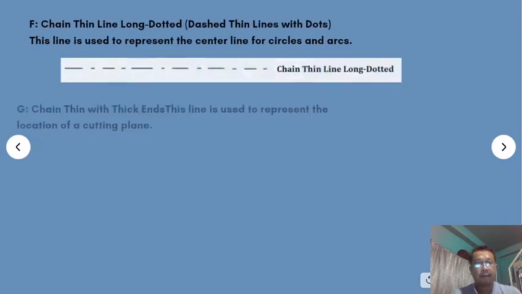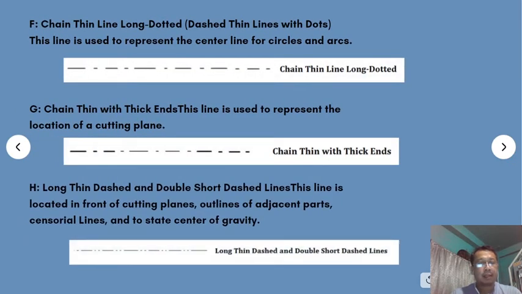And then we have the last three. We have letter F, the dash thin line with dots. We can use this line to present a center line for circles and arcs. Letter G, we have the chain thin line with thick ends. We can use this line to present the location of the cutting plane.